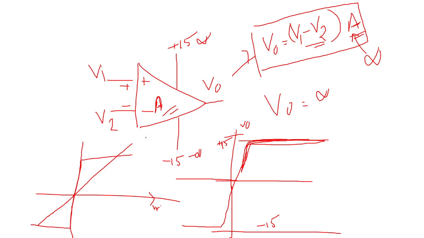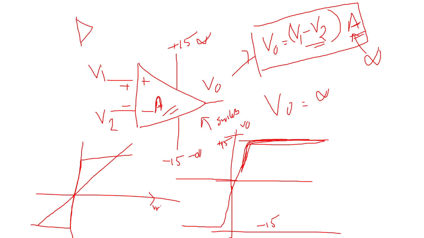So this configuration is used as a switch rather than an amplifier. Depending on the difference between plus and minus inputs, it will switch to either plus 15 or minus 15. In most configurations for building a real, useful amplifier, we will use either an inverting or a non-inverting configuration.